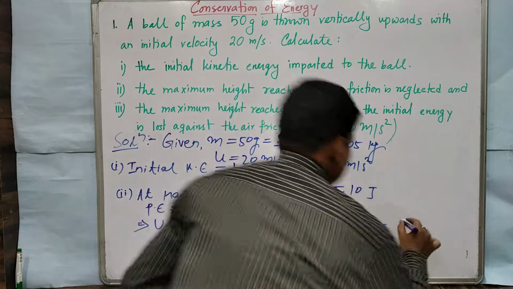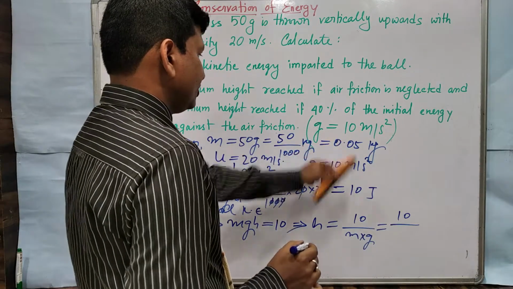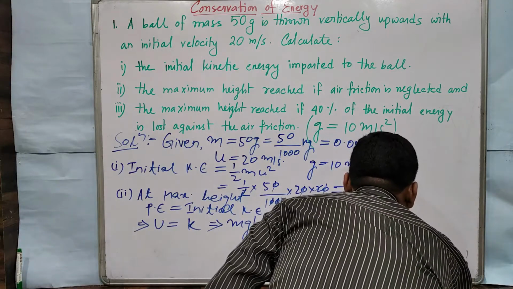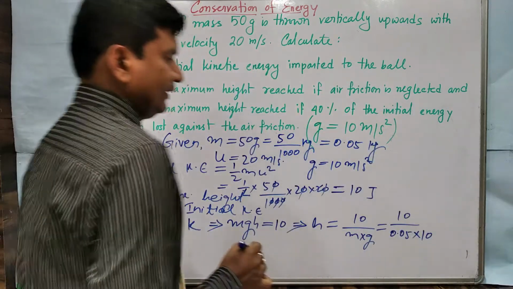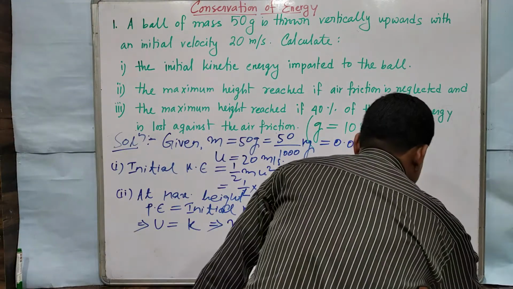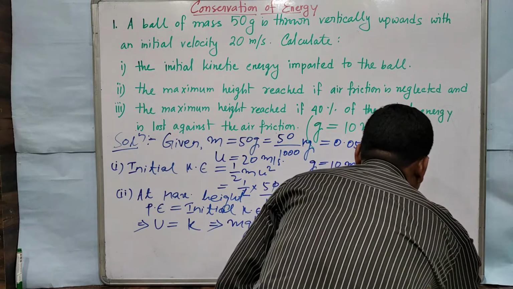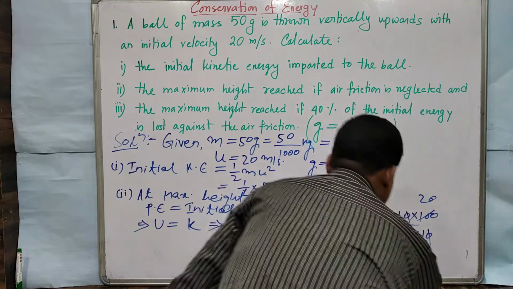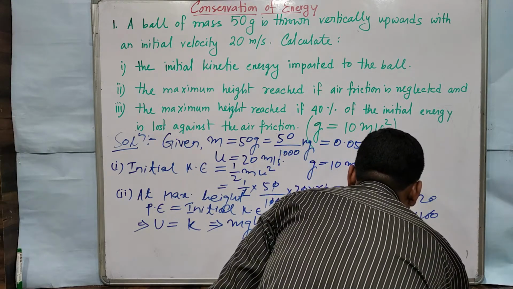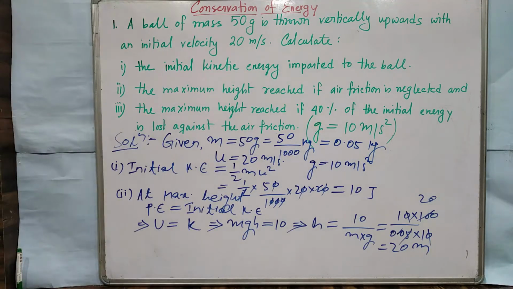Now 10 divided by the value of m, which is 0.05, into the value of g, which is 10. Now this 0 is cancelled. Now the decimal point will go, you multiply by 100, so 5 into 20 gives 100, and we get 20 meter. So the maximum height reached if the air friction is neglected is 20 meter.